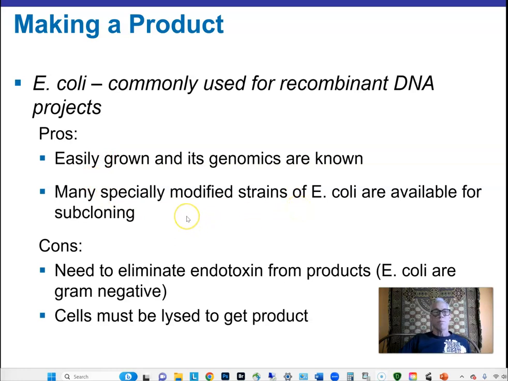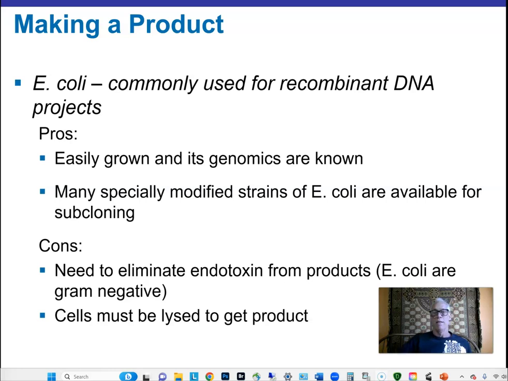One downside of it is that the bacteria will not secrete a product. Let's say we grow the bacteria in a huge cauldron, a huge vat in the factory, and we want to make a product to sell to give people the medicine they need, either insulin or a clotting factor or a vaccine. Well, we're going to have to do something complex to break open the E. coli in order to get the protein out.